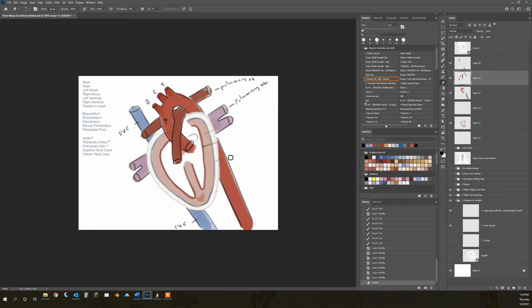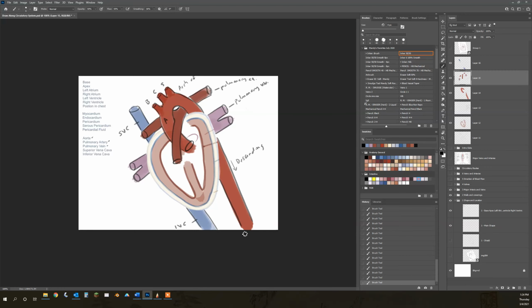So we had the aorta. This area right here, this lateral arch, right there, this is the arch of the aorta. And this area that goes down, this is the descending aorta.